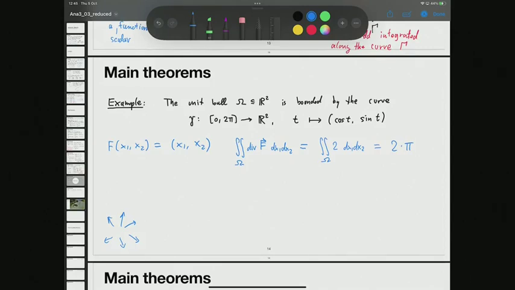Now, on the other hand, let's check that the divergence theorem is true. So if we take the curve integral along the boundary of f against the outer unit normal. Well, what is the outer unit normal here? You can do the calculations, you can use a formula, or in this case, you can actually use some geometric intuition.